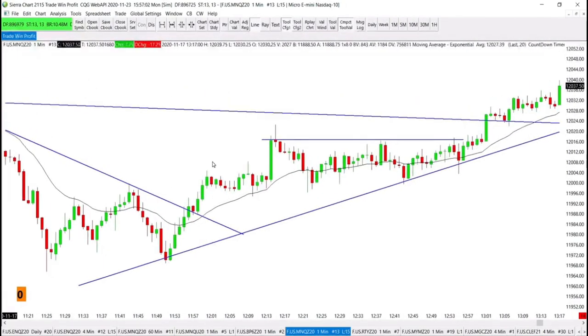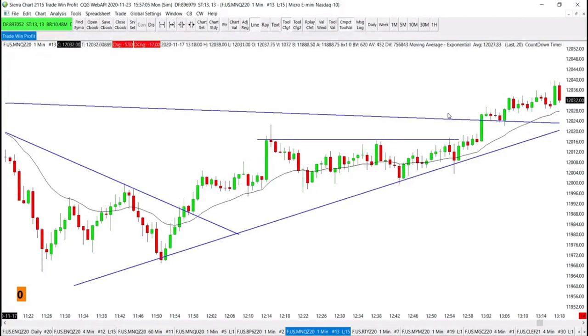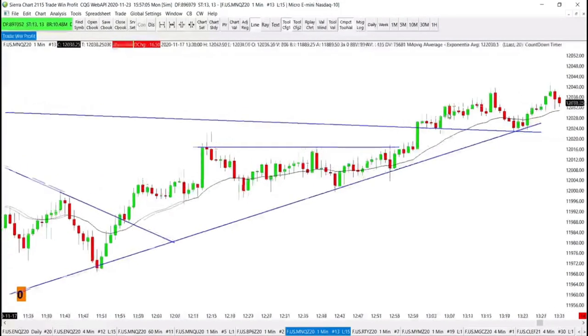We have a break, it pulls back, it's going up the stairs, and that's what we want because it's easier to predict. So we have up move, down, up, down, up, down, up, down. That's what we really want when it comes to a trend line break.